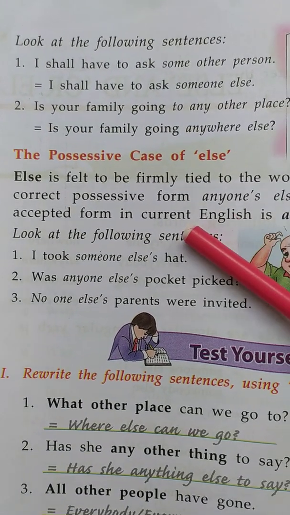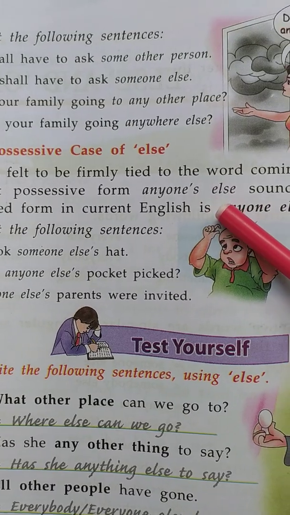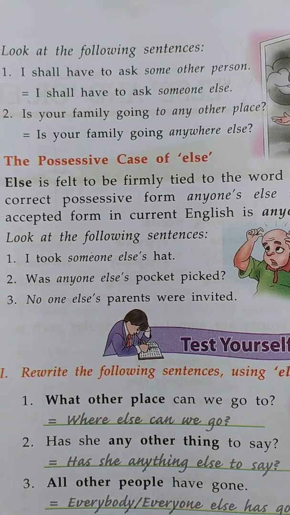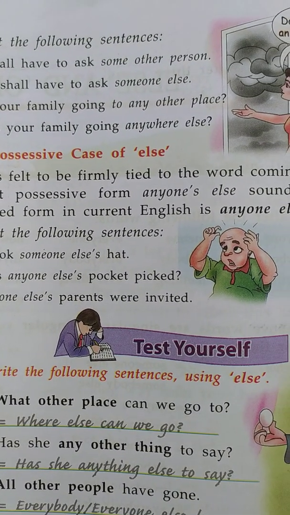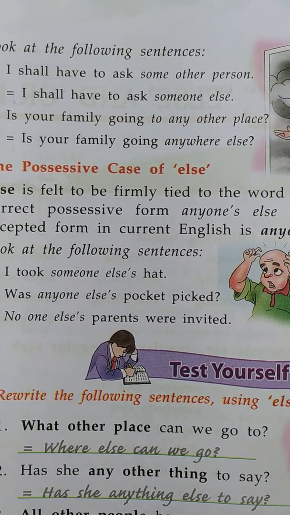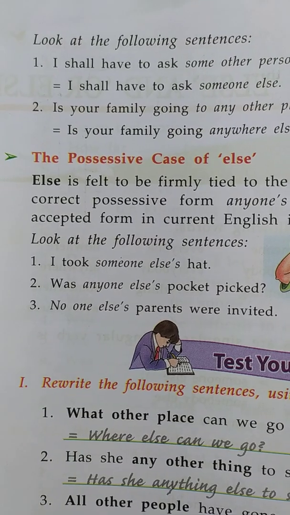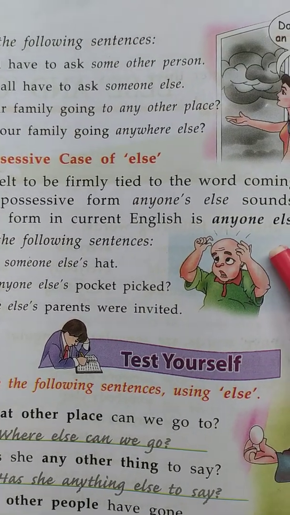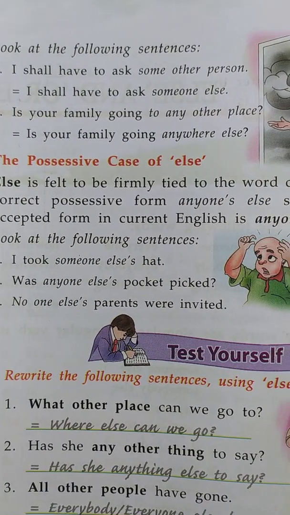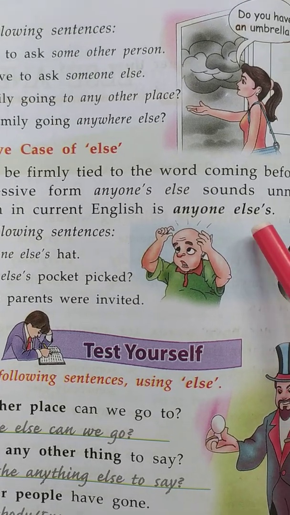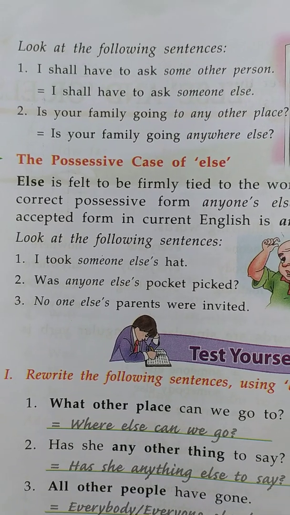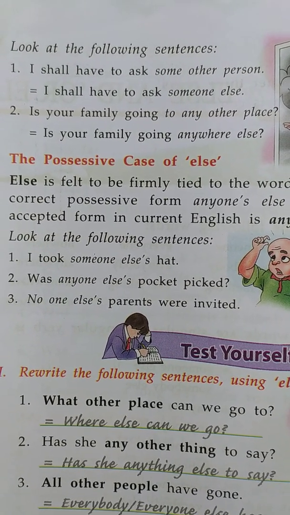So, the possessive form anyone's else sounds unnatural. The accepted form in current English is anyone else's. This is the possessive case of else.